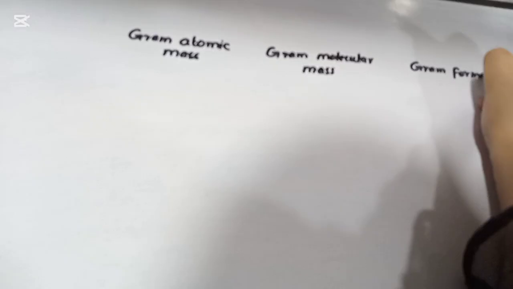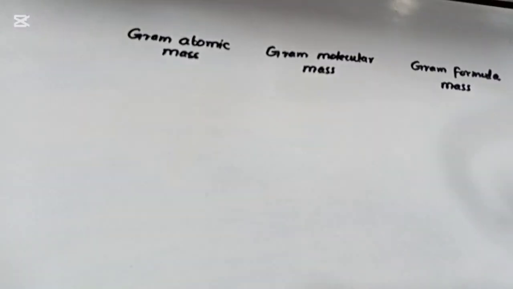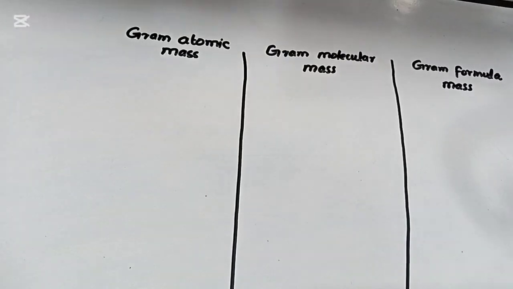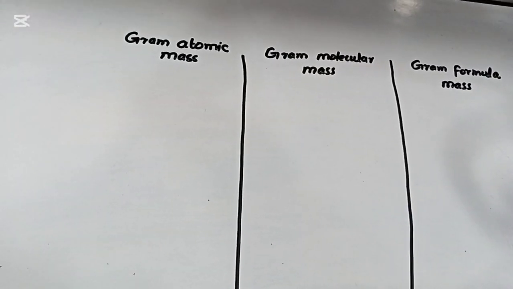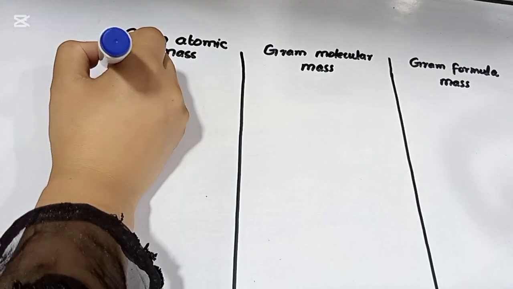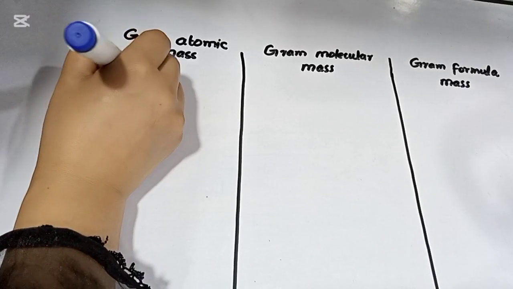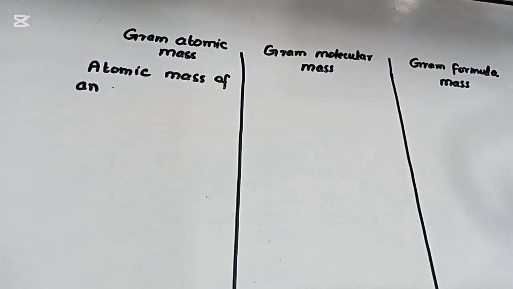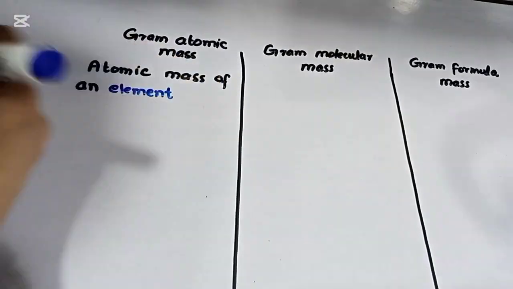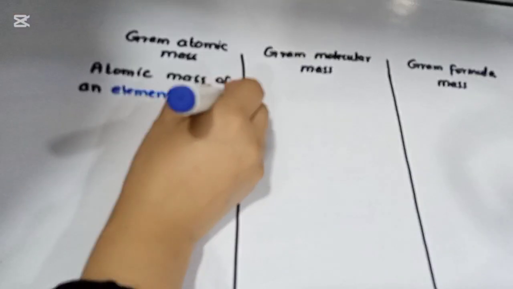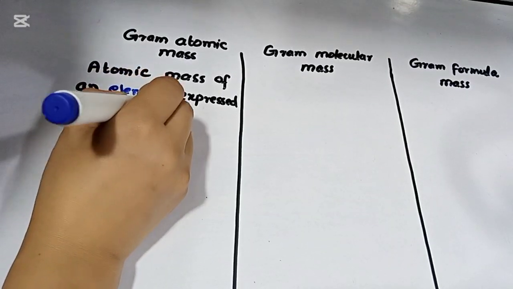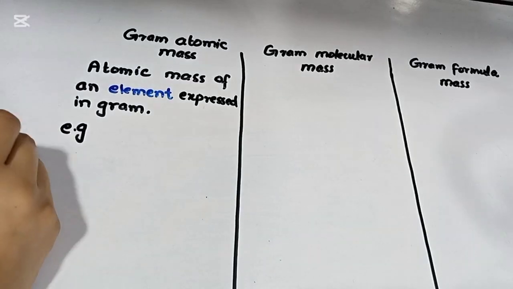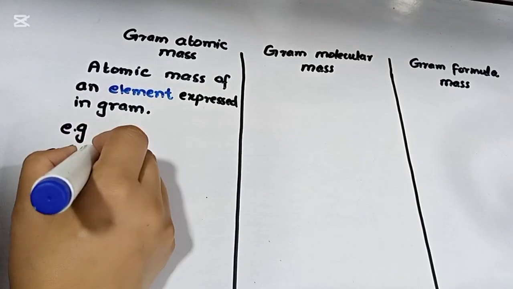Now we have three other definitions: gram atomic mass, gram molecular mass, and gram formula mass. Let us define these three with the help of examples. Gram atomic mass of any element is the atomic mass expressed in gram.